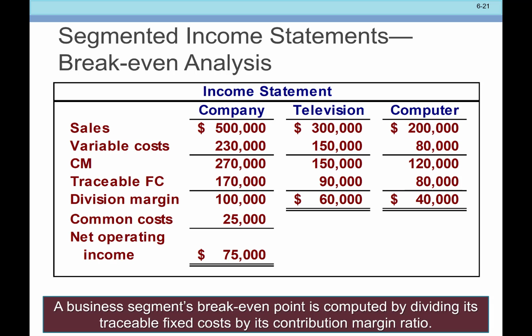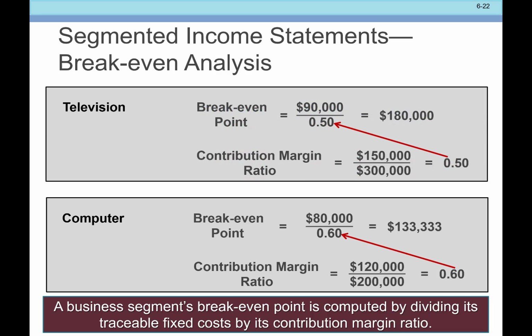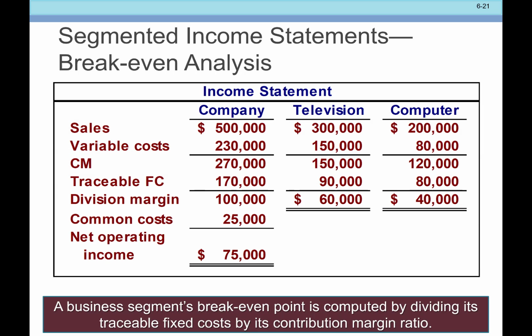Notice we have our sales of 300 for the television, our contribution margin of 150, for computer our sales of 200, contribution margin of 120, right? So for each one, we calculate the contribution margin ratio, which was the 150 of contribution margin for television divided by the sales for television of 300, right?